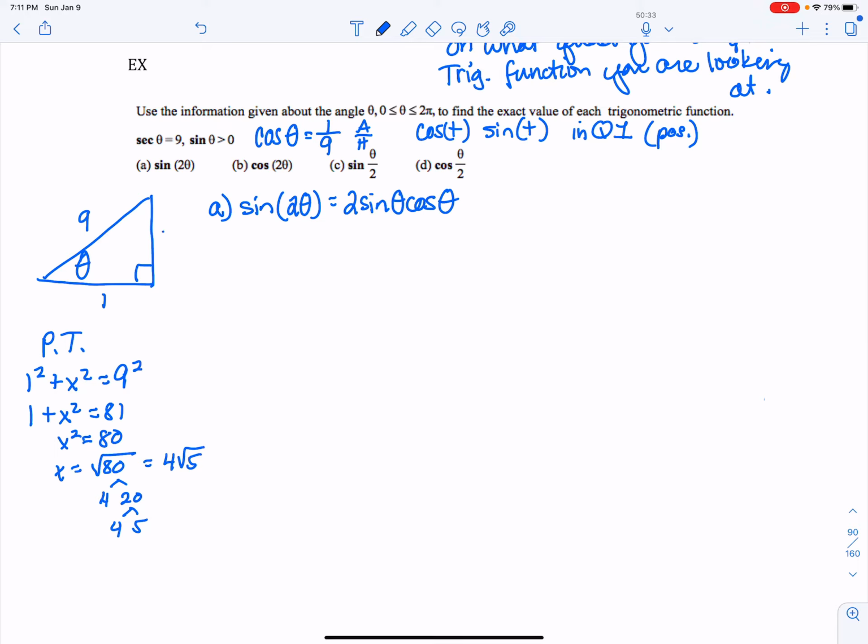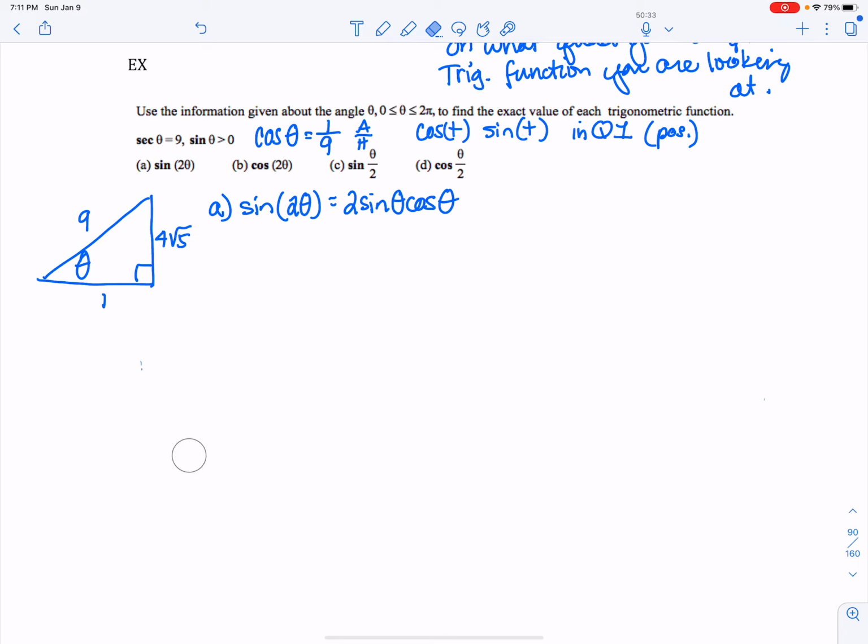Okay, so I'm going to go ahead and write that out. 4 square root of 5 is that missing side. And if you need to write down the Pythagorean theorem work, please do so. I'm going to be erasing it right now. Okay, so I have all my information, and now I'm ready to go ahead and do part A. So part A says I have to take 2 times sine theta.